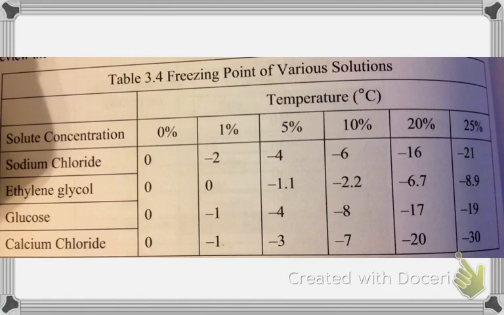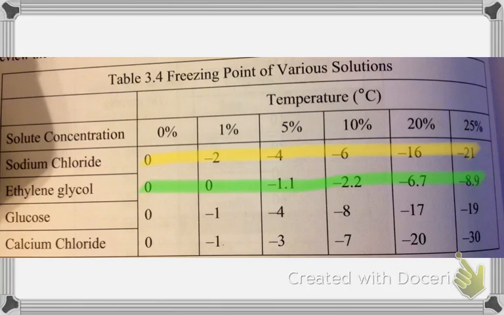If we look at the trends for each row, we see that for sodium chloride, as the concentration increases, the freezing point at which the solution freezes is getting lower. The temperature has to go lower and lower as more sodium chloride is added. If we look at the second sample, the ethylene glycol, we see a similar pattern.